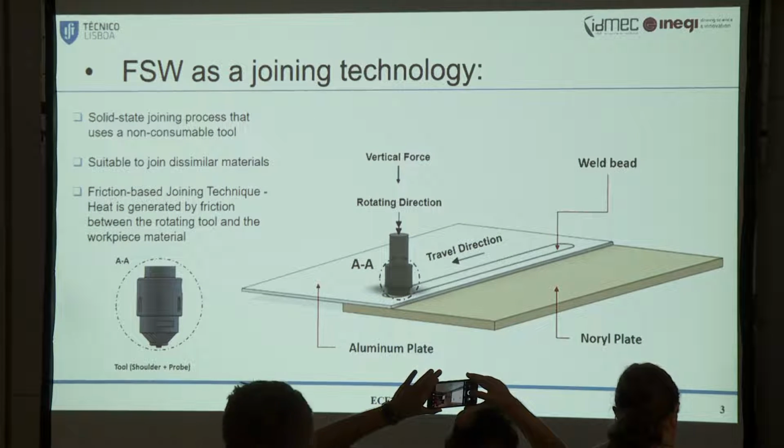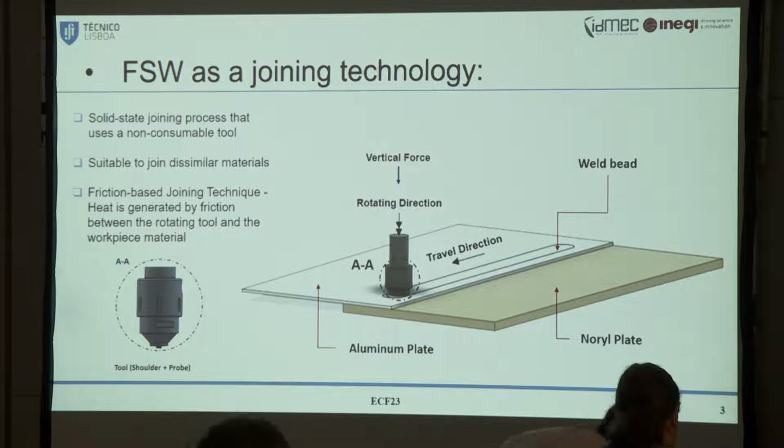As you know, friction stir welding is a joining technology, a solid state joining technology. It uses a non-consumable tool like this one, with a shoulder and a probe or a pin, and we can weld dissimilar materials with different properties.